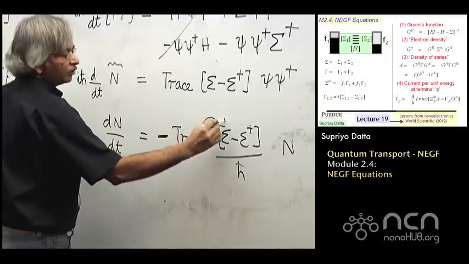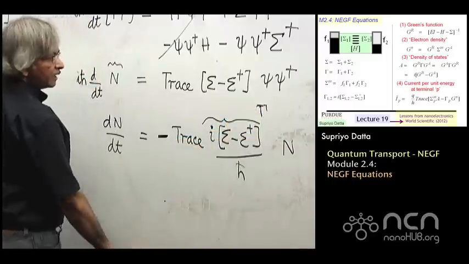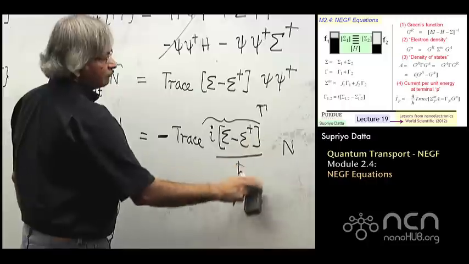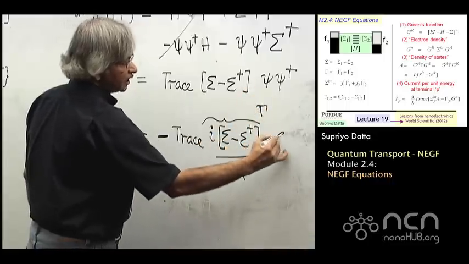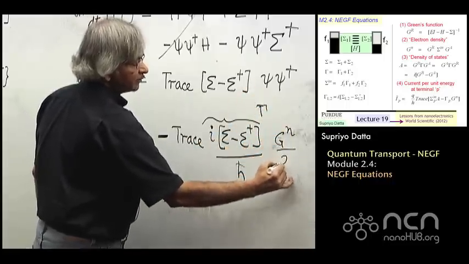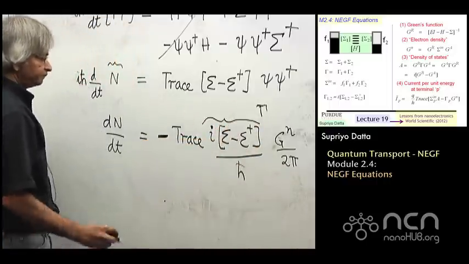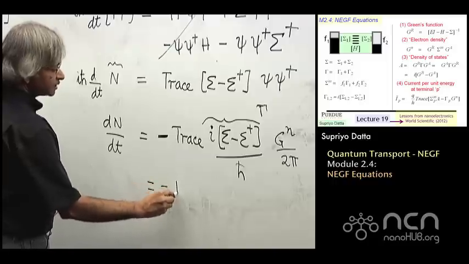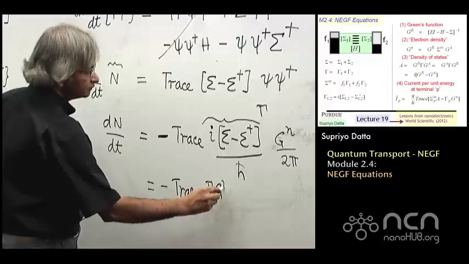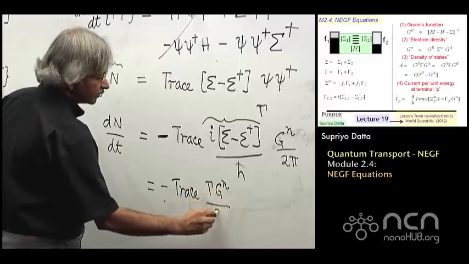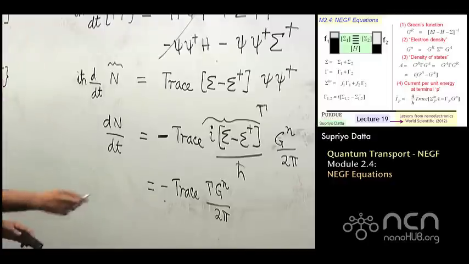And this is what we have called gamma. See? And so you have to take the trace of gamma times this ψ†. So the ψ† is like Gn over 2π. That's the matrix. So the point is, you'd have to take the trace of gamma Gn. So this would be like minus trace of gamma Gn over 2π. And the ħ, sorry.